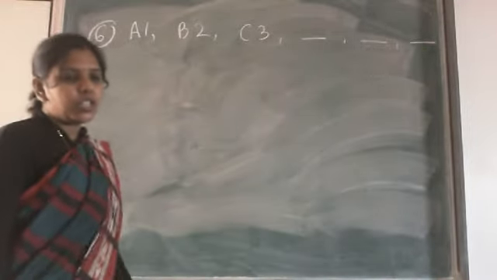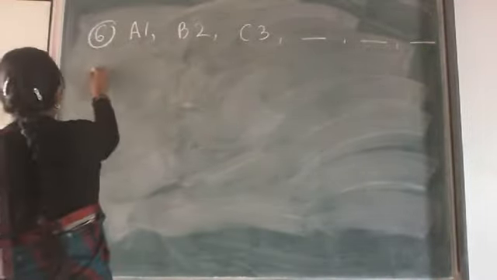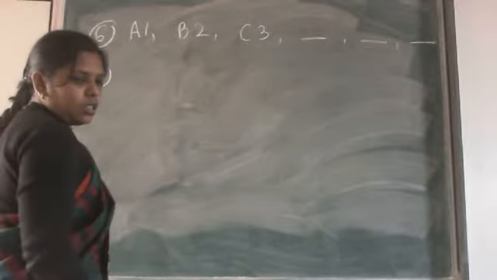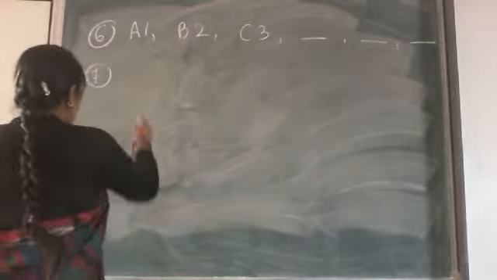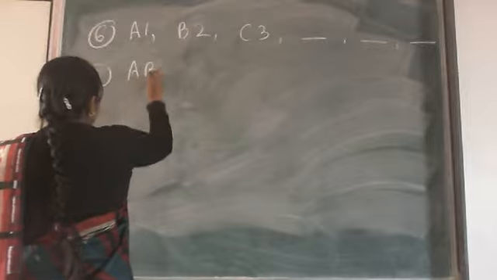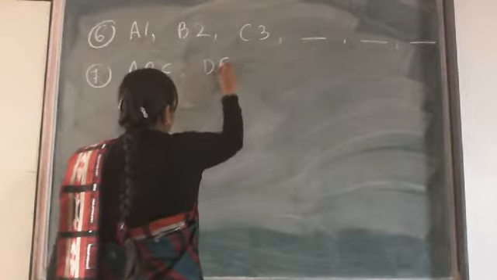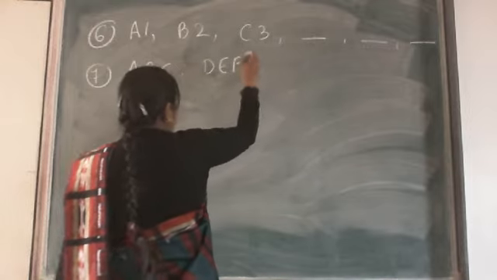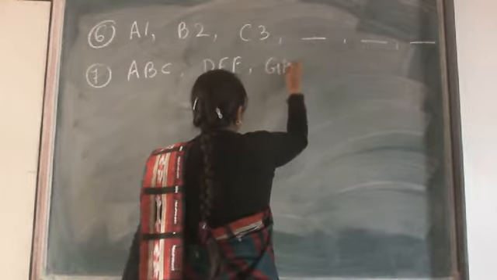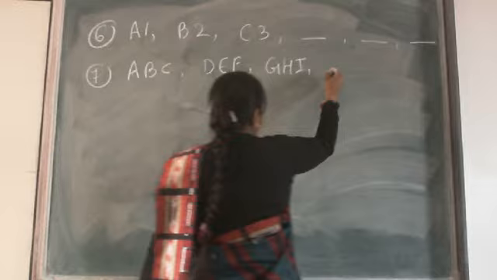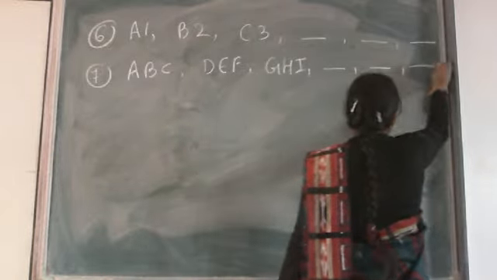Now the next question number 7. ABC, DEF, GHI, dash, dash and dash.